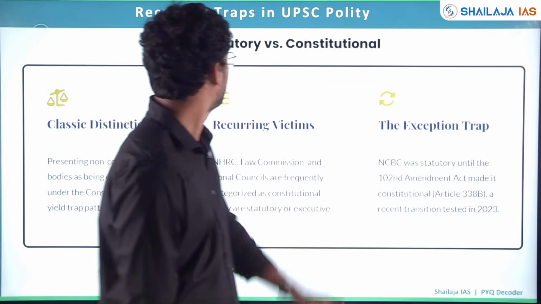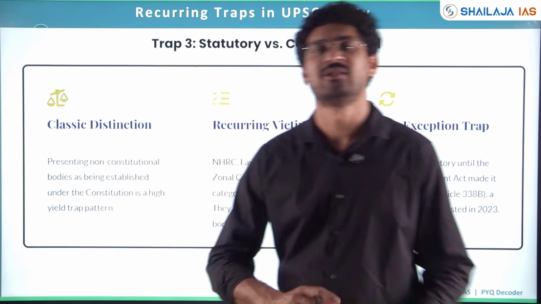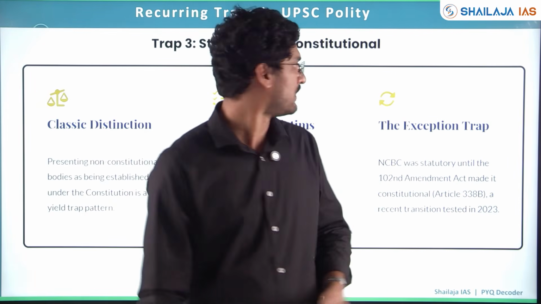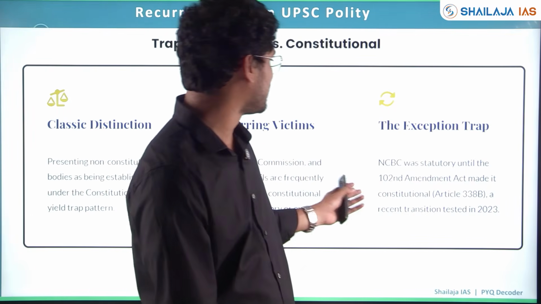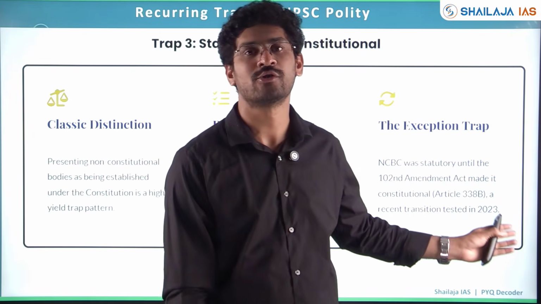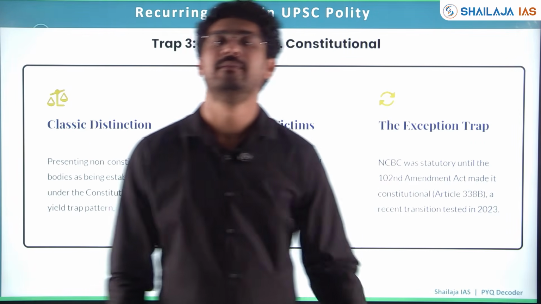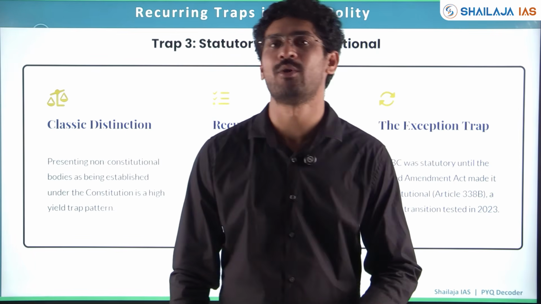The next, third trap is the swapping of bodies, mentioning which is statutory, which is constitutional, which is executive. NCBC was put under Article 338B by the 102nd Constitutional Amendment Act, right? Then the question came whether it is a constitutional or statutory body.